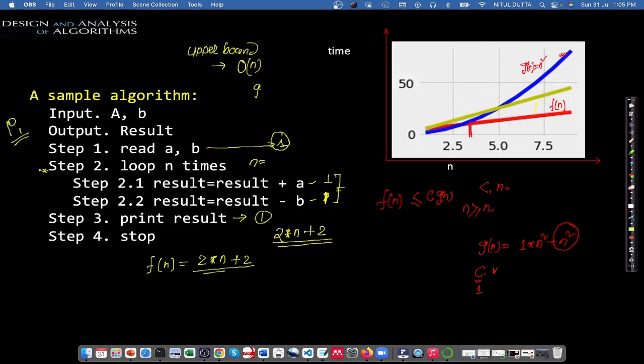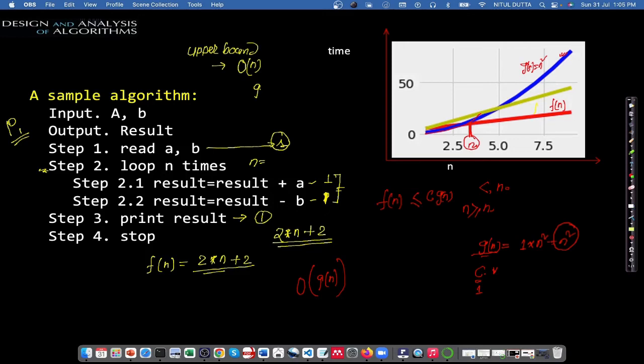Here this is the n naught, where the function n square goes above the function f(n). This may be the initial point n naught, maybe 2.7 or whatever it is. So we can write f(n) equals big O of g(n), where g(n) equals n square.